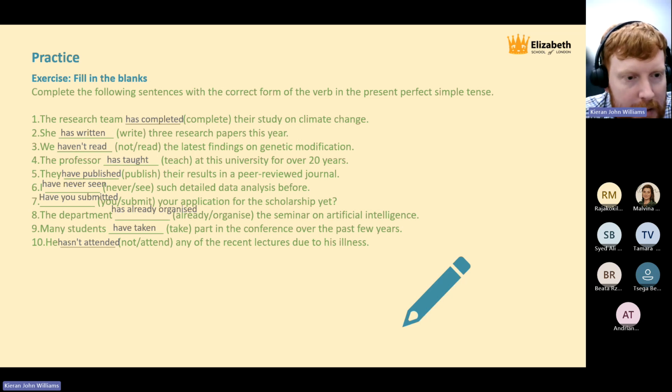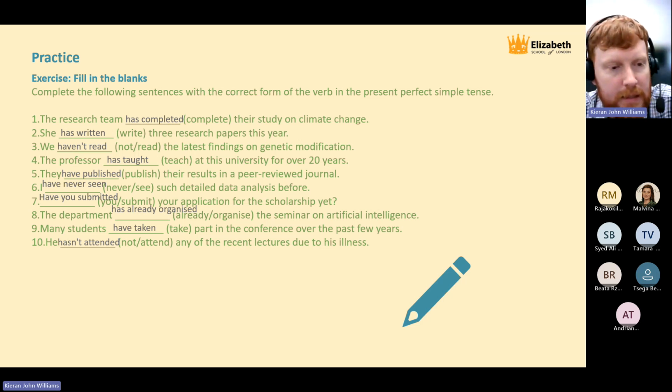Okay, right, number two. Has written. So remember she here, has written. Yeah, so this is where we need the third form. So write, wrote, written. Written is the third form. So she has written.